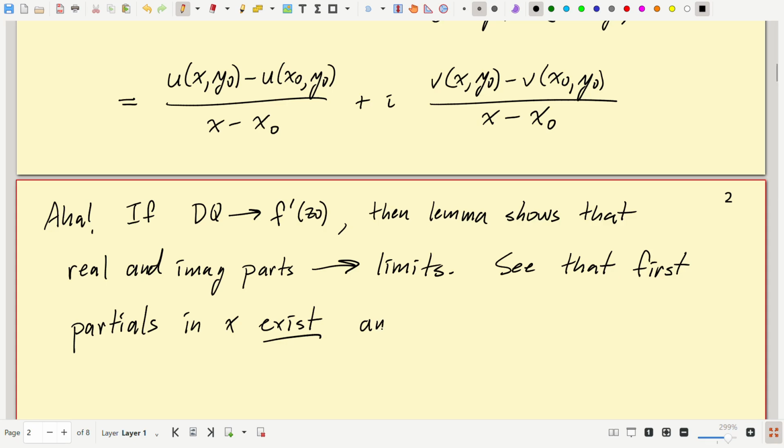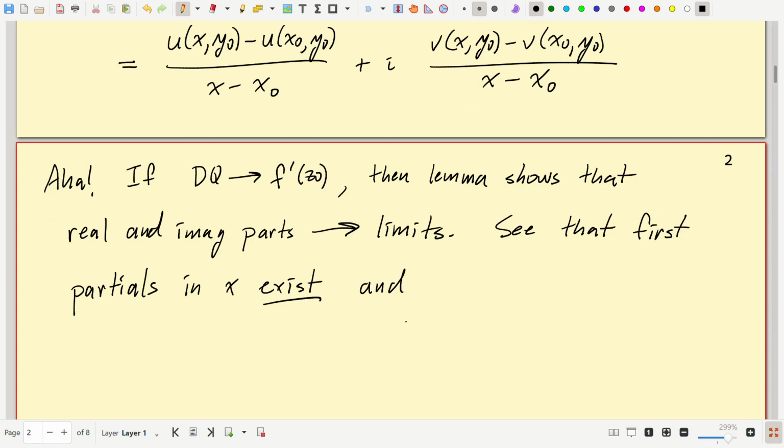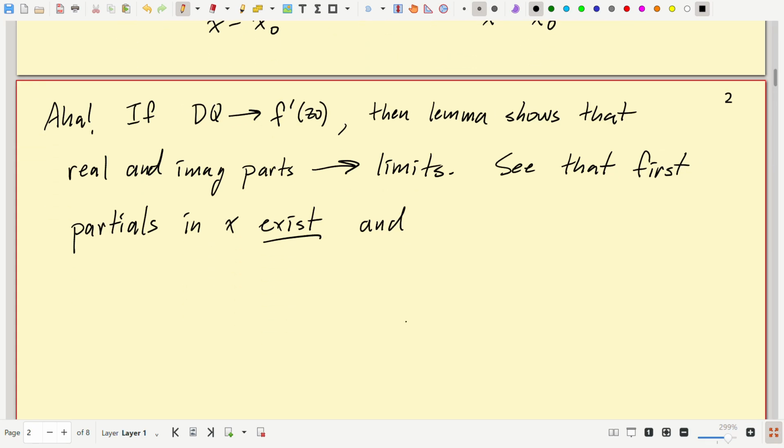And I'm going to call this red box number 1. That's not in the book, but I'll refer to this as red box number 1 for the rest of the course. So f prime of z naught equals du dx at x naught y naught plus i times dv dx.